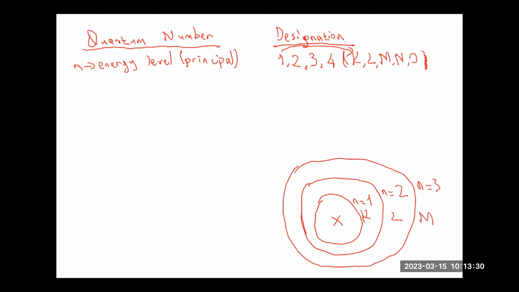So at this specific energy level, we have also suborbital, sublevels, which we represent by L. And these are like orbitals.